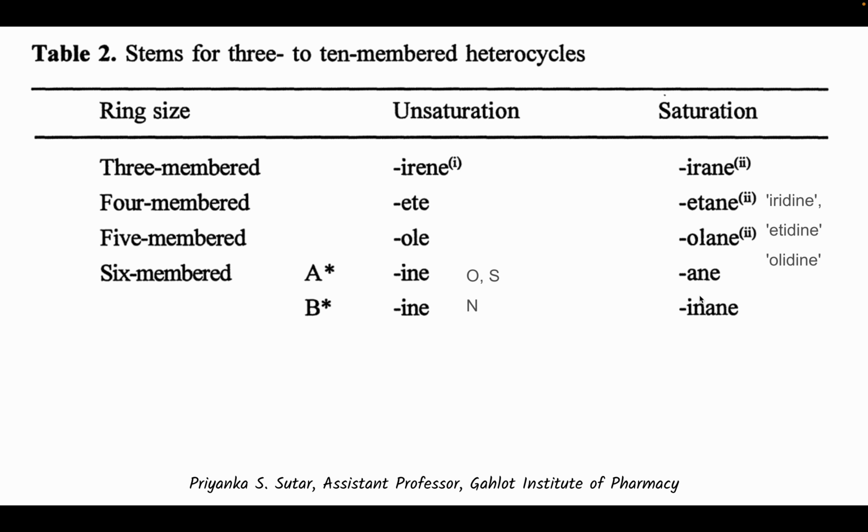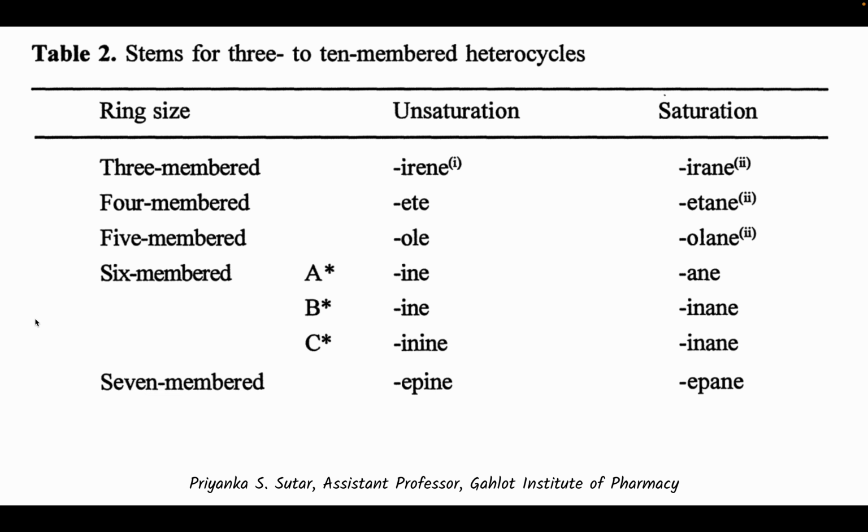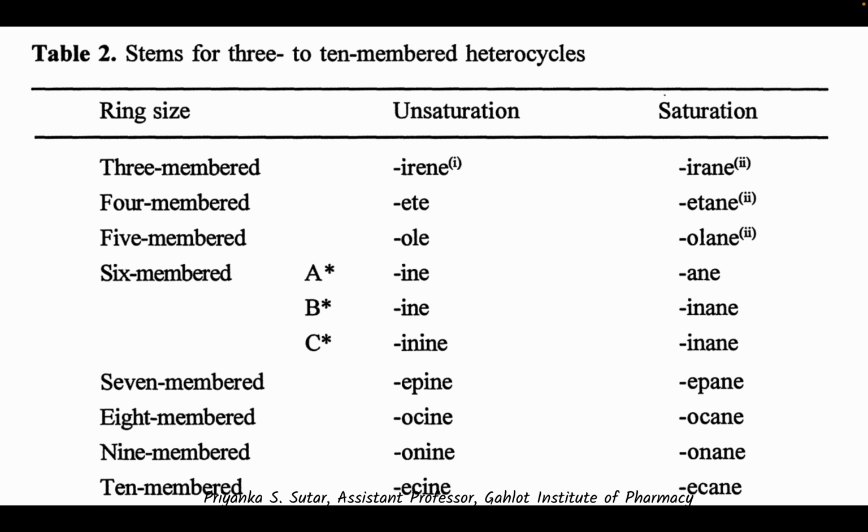The only difference is in the saturated system. Then for a 7-member ring, the 7-member unsaturated ring stem you will use is EPINE, and for a 7-member saturated ring you can use EPANE. Like this, the list of stems is given here in table number 2.